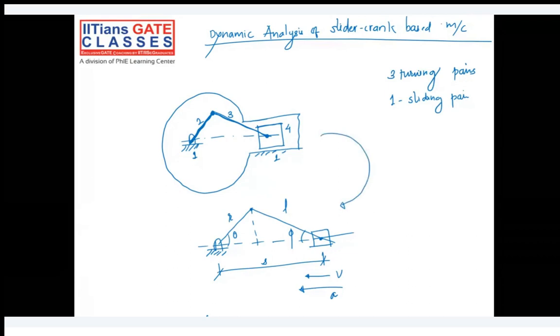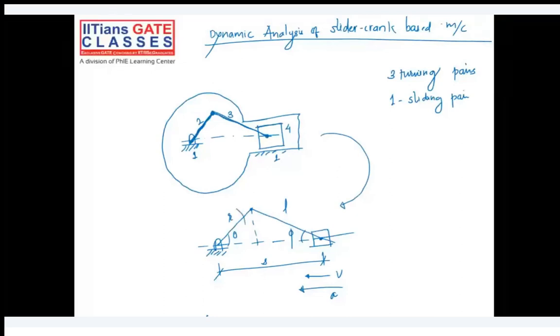Let's say R is the length of the crank, L is the length of the connecting rod, and at a particular moment, let's say the crank is making a theta degree angle with respect to the horizontal, along the line of reciprocation, and the connecting rod is making the angle phi. Let's say this is rotating with some omega, for example.